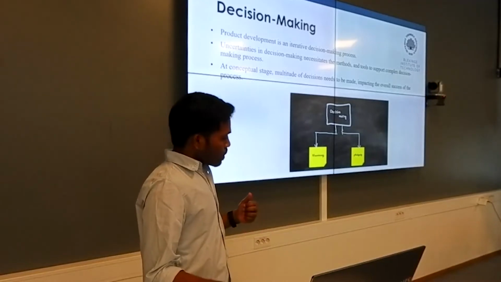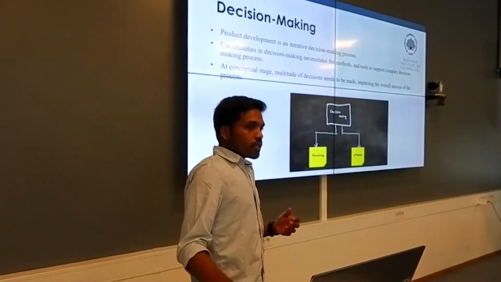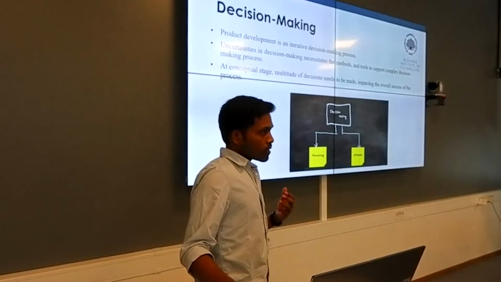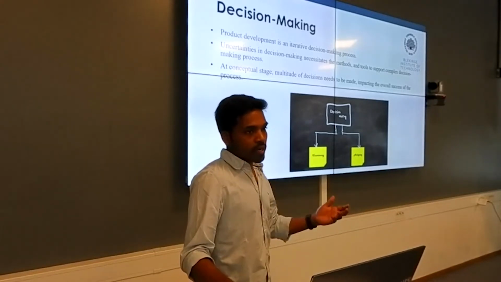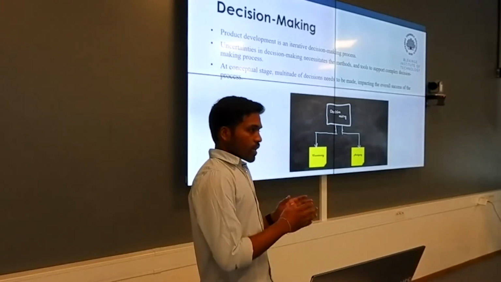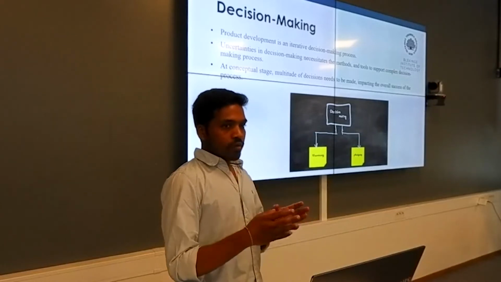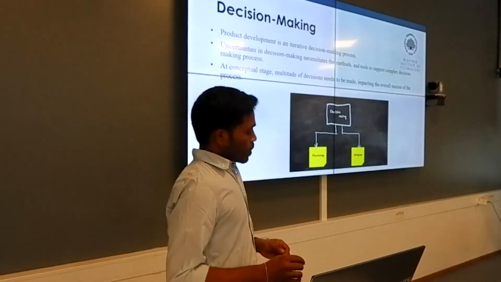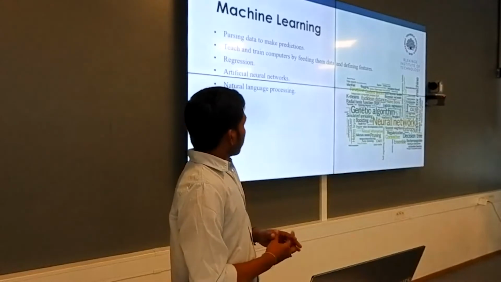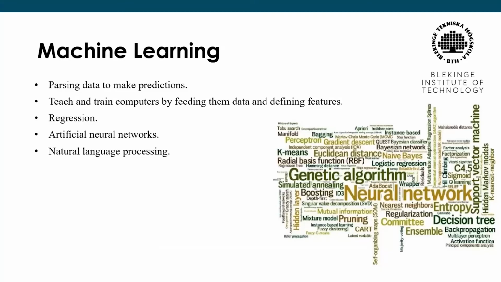A major first step in the process is the search for information and the subsequent build of knowledge. So how do we transform the data into information and knowledge? To do that, we make use of machine learning concepts integrated into product development. Basically, machine learning can be defined as a practice of using algorithms to parse data in order to make predictions.